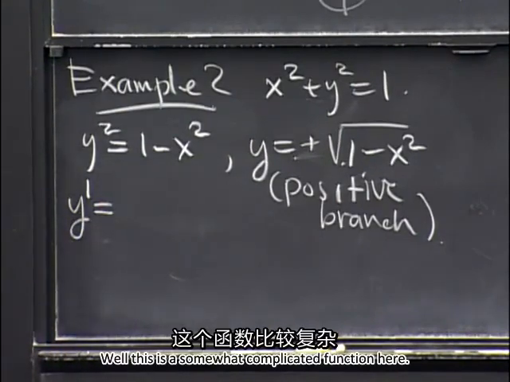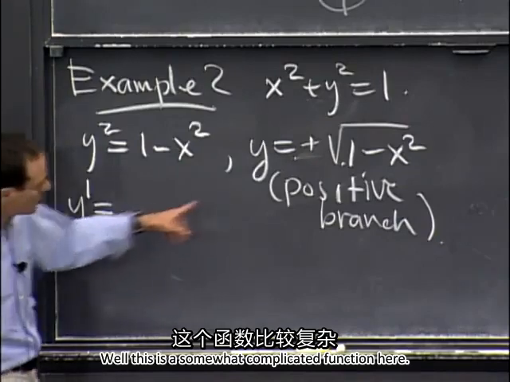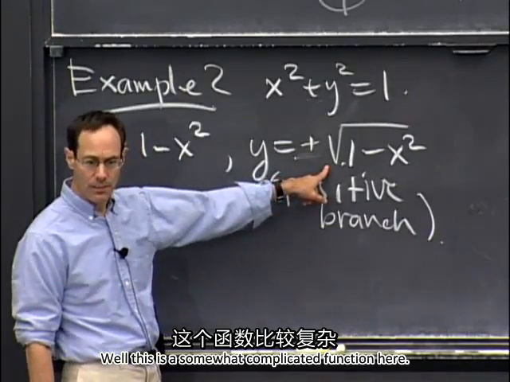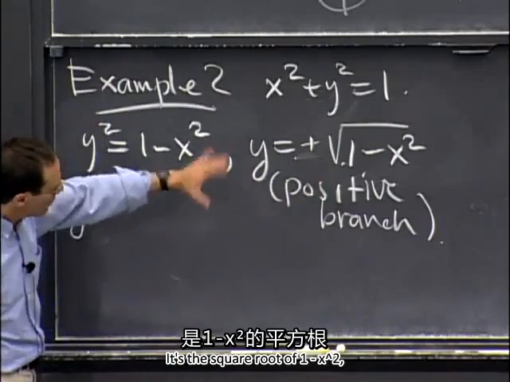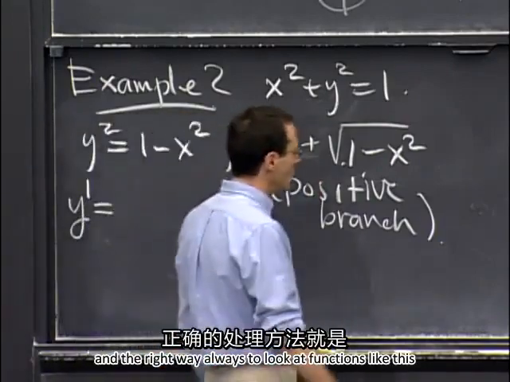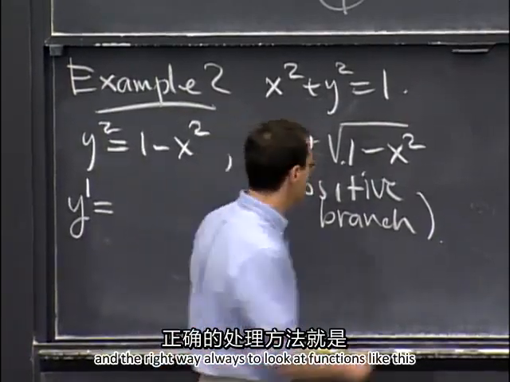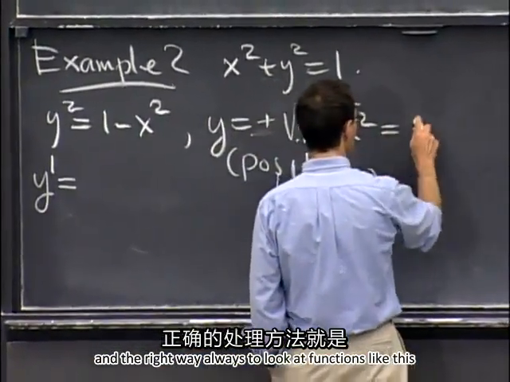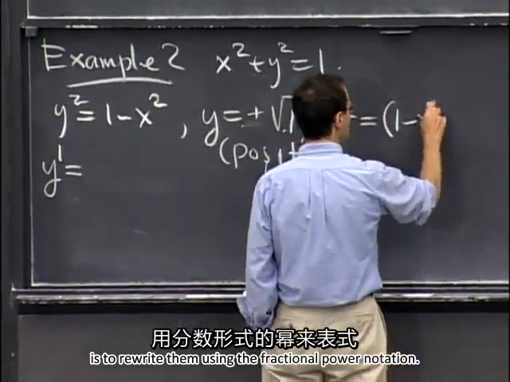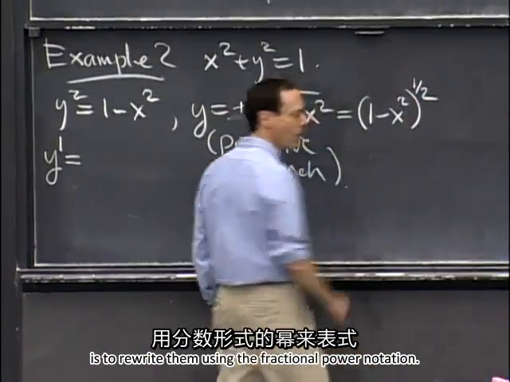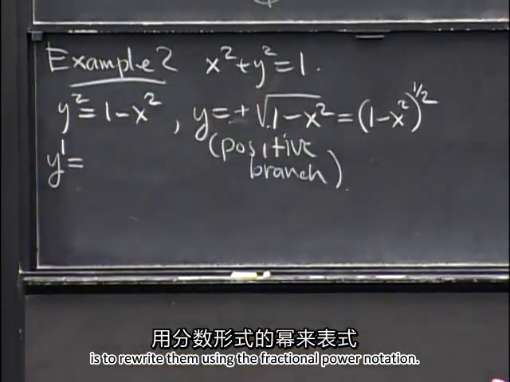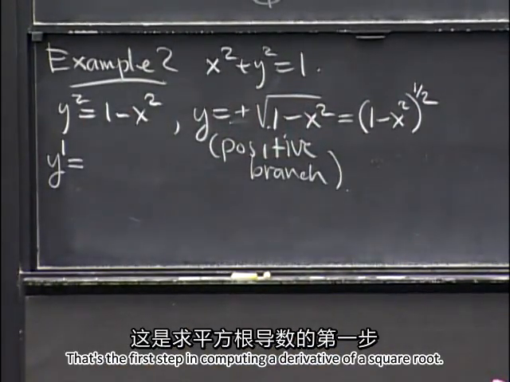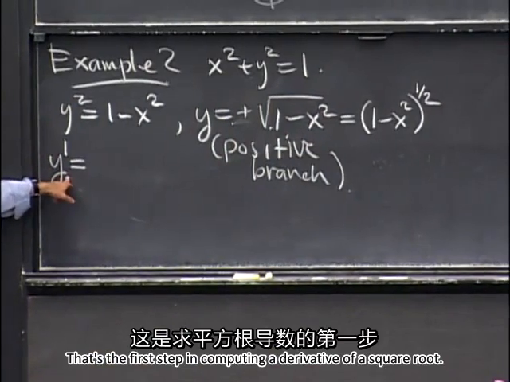Well, this is a somewhat complicated function. It's the square root of 1 minus x squared. And the right way always to look at functions like this is to rewrite them using the fractional power notation. All right? That's the first step in computing a derivative of a square root.